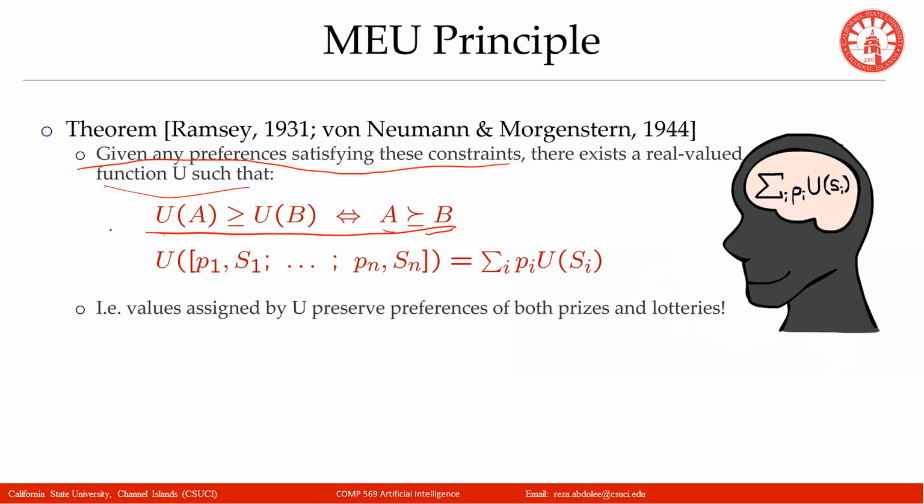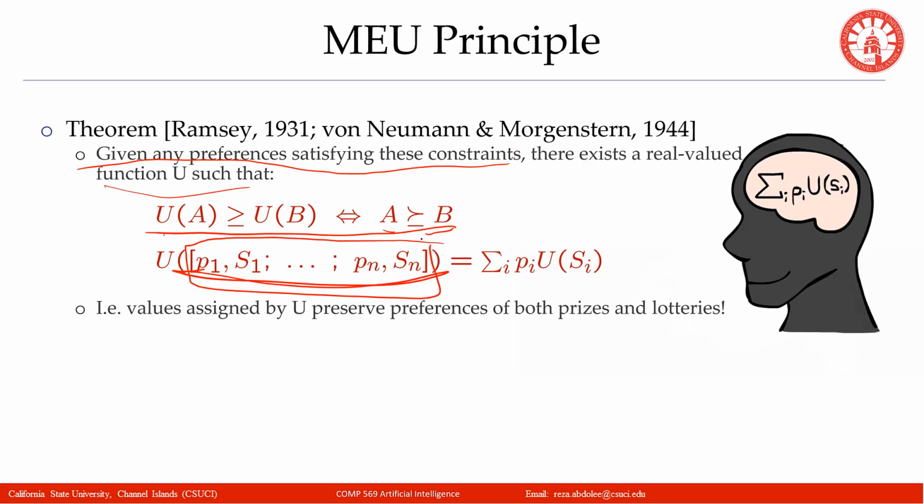This means that the utility of A should be greater than the utility of B if you want your agent to prefer A over B. And then we have the utility of the lottery, which is the expectation of the utilities. So this is the way that we define the lottery.